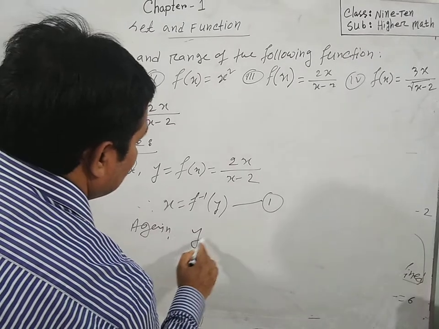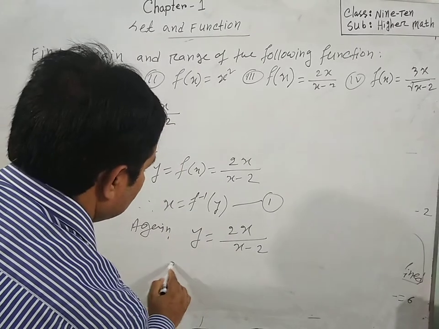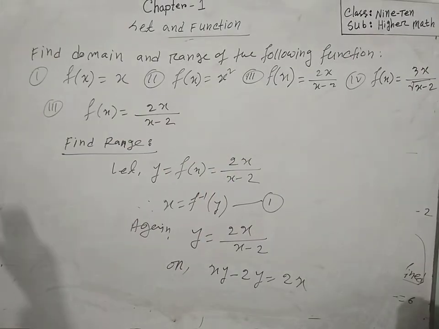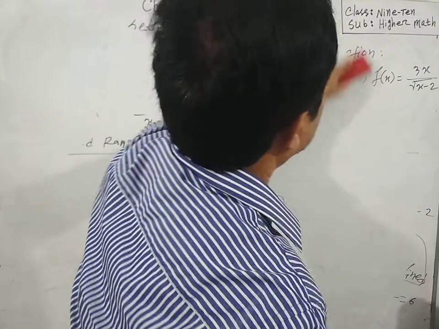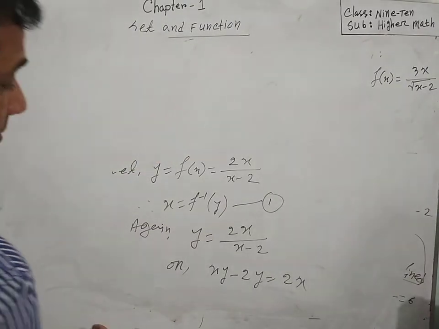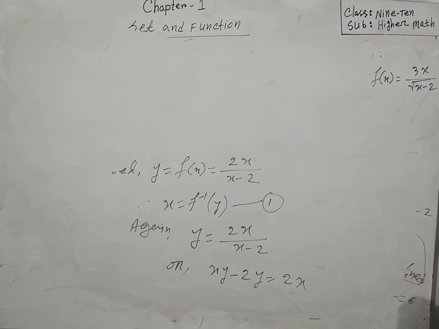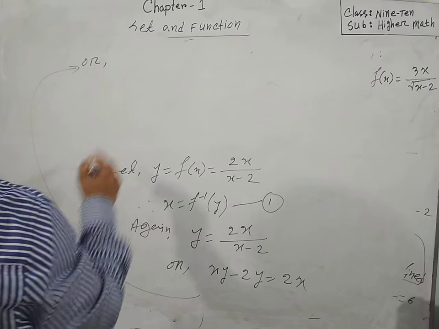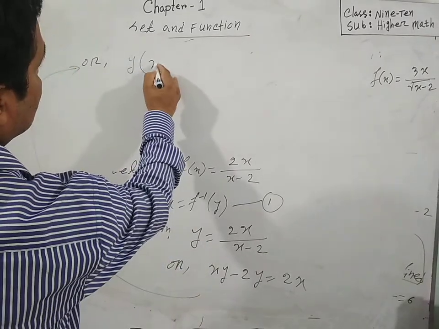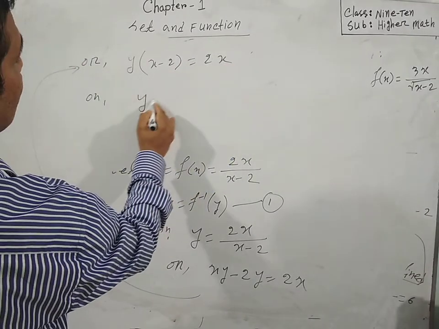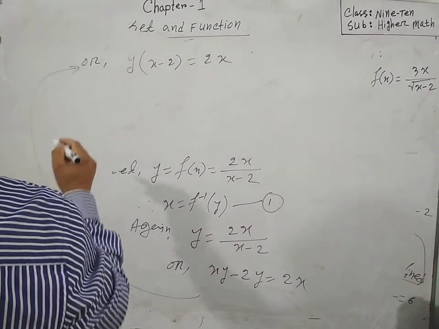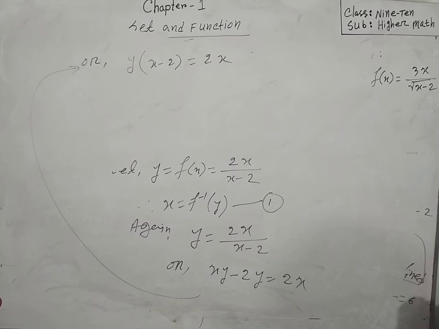Again, y equals 2x over x minus 2. Cross multiplication: xy minus 2y equals 2x. We have to find the value of x.